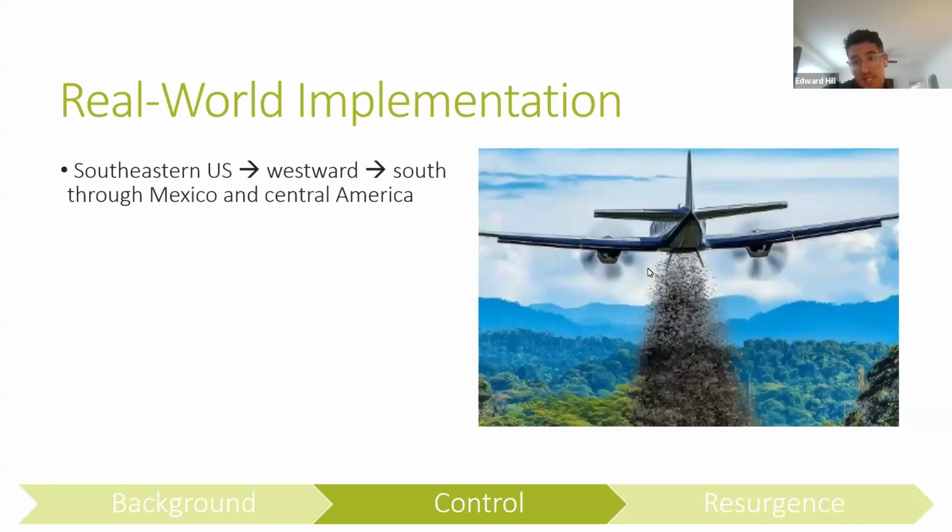So soon after, they started implementing the SIT, or sterile insect technique, at a large scale. They started in the southeastern continental United States. Then they moved westward and then south through Mexico and Central America. This was led by the USDA, who worked closely with other governments.